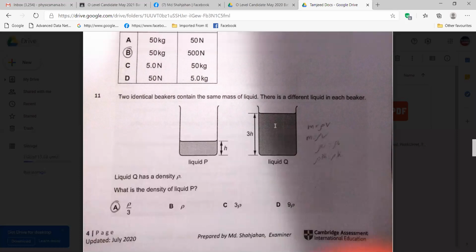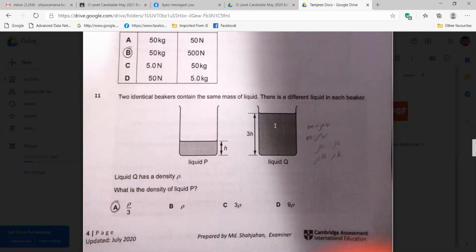It should be C, or C or D, right? But how you calculate it, that's the main point. So you understand that it will not be A, right? Simply we can understand it will not be A, but how to calculate, how to understand.